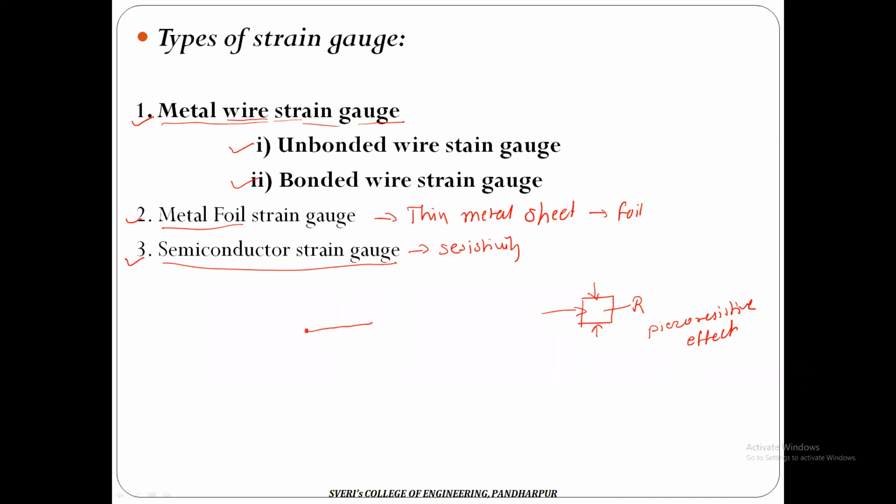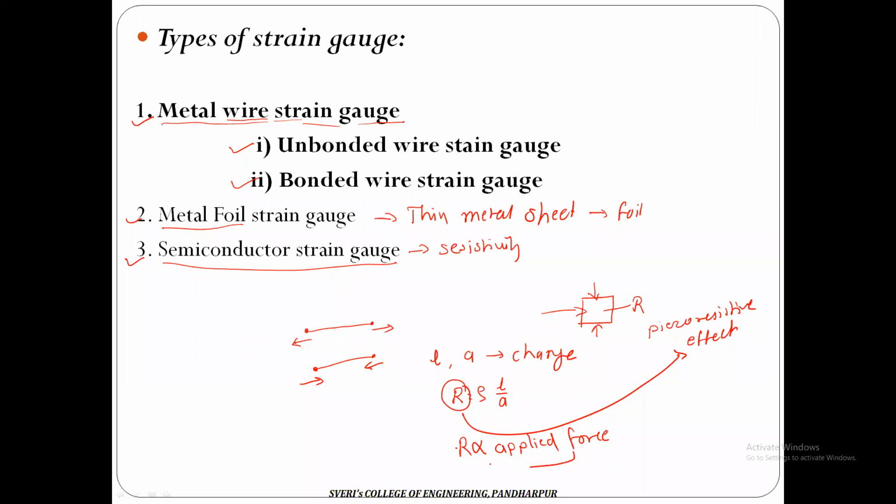If we apply pressure on the two ends of a wire, or if we apply compression on the two ends of that wire, its length and cross-sectional area will change, and this change in dimension will change its resistance, and this change in resistance is called the piezoresistive effect, and this change in resistance is directly proportional to the applied force.